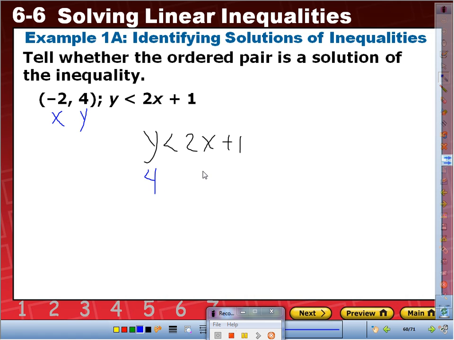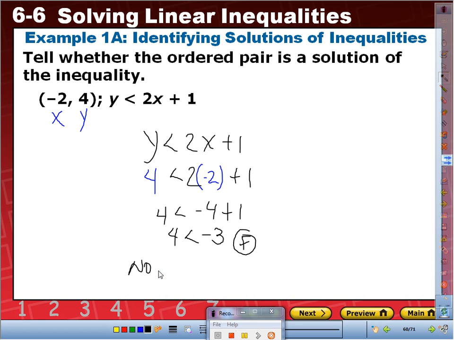So this one goes here, and this one is -2. Bring everything else down. This becomes -4 plus 1. This becomes 4 is less than -3. Let's read it. Is 4 less than -3? No, this is false, so therefore not a solution. Copy that, please.